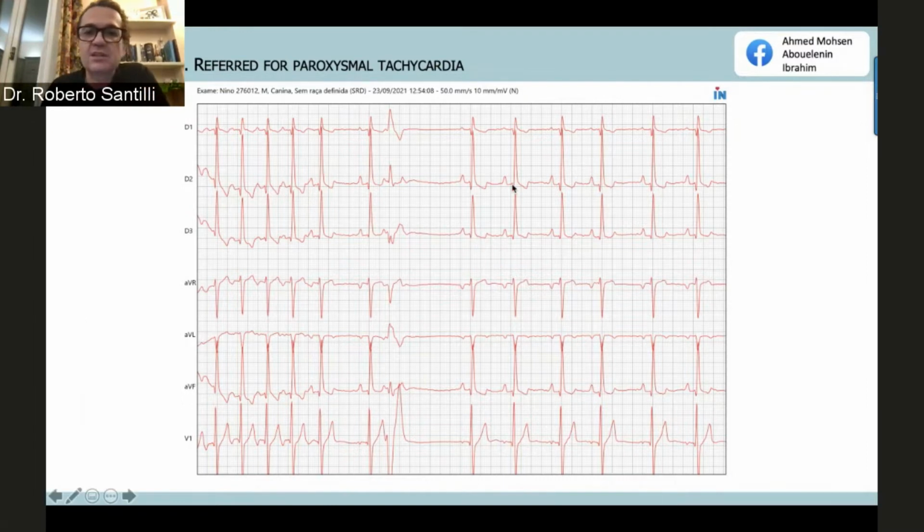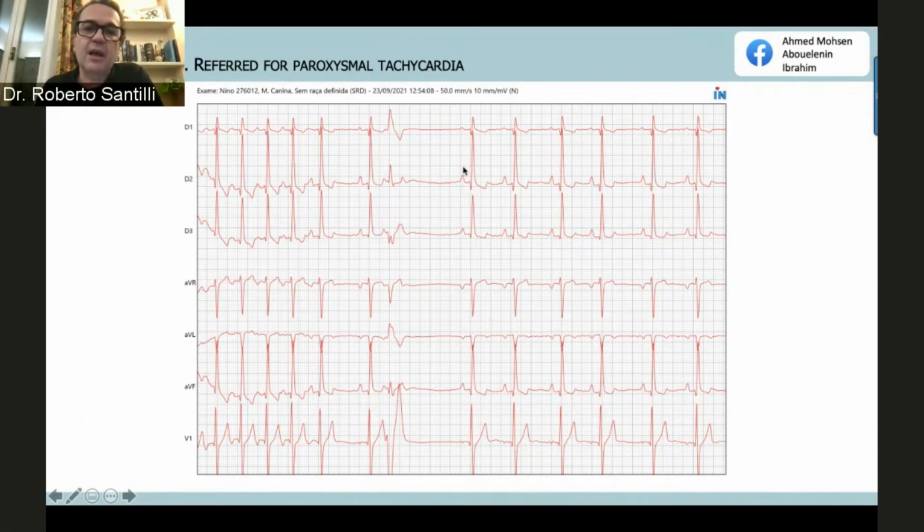But as you can see, the sinus P waves are taller, and these P waves are actually less tall. So it's probably what we call a mid-crista focal atrial tachycardia, because the axis of the P prime is crossing lead 2, so it's less tall.